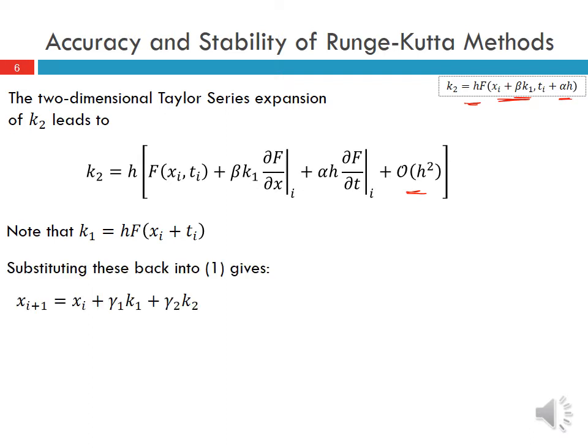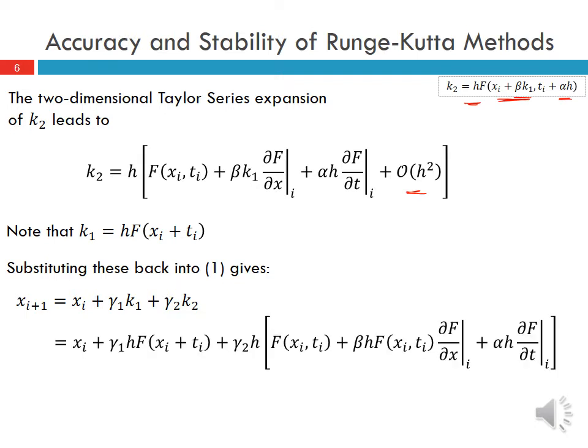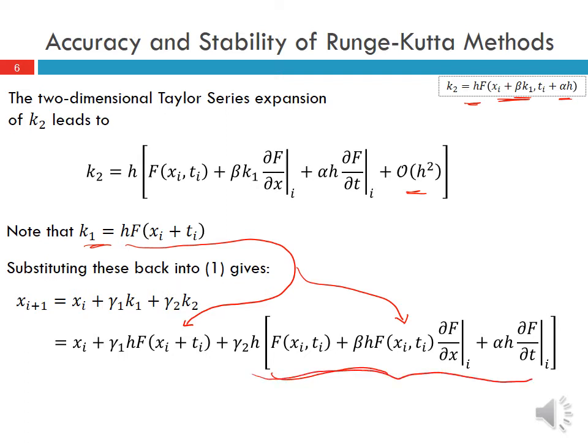So we can substitute these terms back into equation 1, which is shown here, and we get the expression here. We put our expression for k1 in here and here, and all of this is k2.